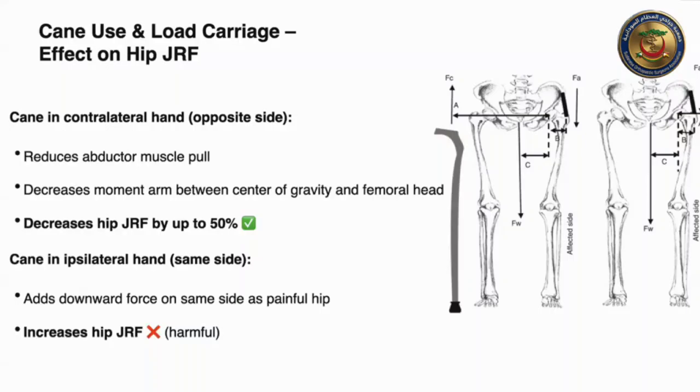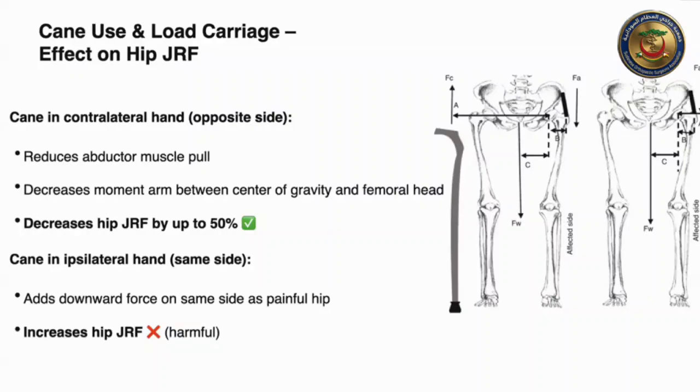So why? When we look at the equilibrium of the forces around the hip, the body weight works clockwise, and the abductors pull works anti-clockwise. So anything that reduces the clockwise force and increases the anti-clockwise force reduces the joint reaction force, or the force needed by the abductors to reach equilibrium.